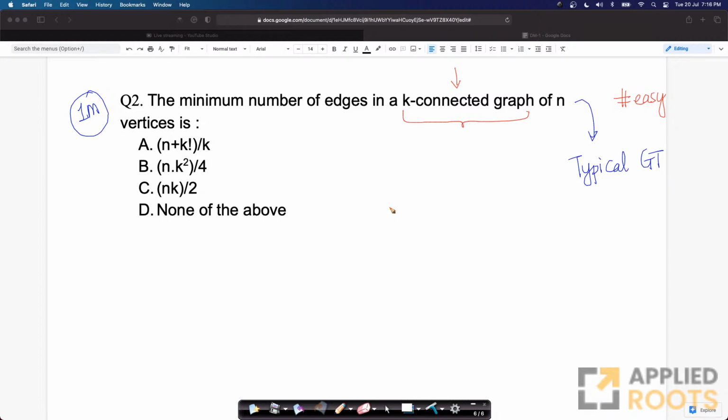It will be clear. Okay, I'll wait for a few more seconds and then we'll go into the answer. Again, this is straightforward. If you know what is a k-connected graph, and if you know some basic counting, that's it.